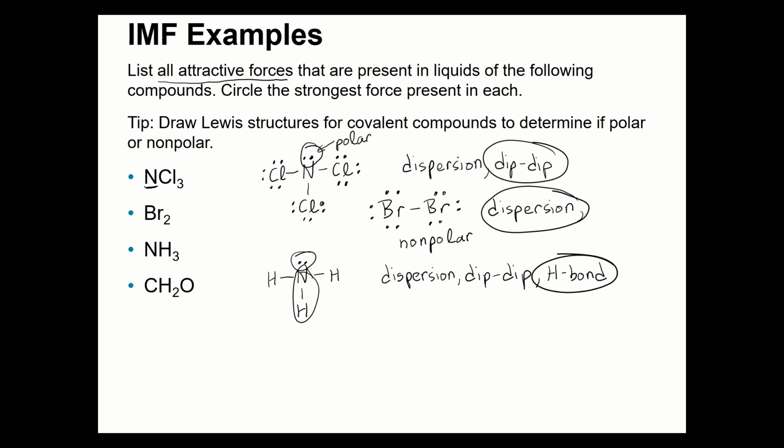Okay, and then the last example, we've got CH2O. Again, your least electronegative atom is that carbon. Carbon does like to be the central atom whenever possible. So we're going to bond the 2 hydrogens as well as the oxygen. If we were to follow through with all of the electrons and work from the outside in, we would put all 6 electrons on that oxygen, but then we would realize that we're out of electrons and that carbon does not have an octet.